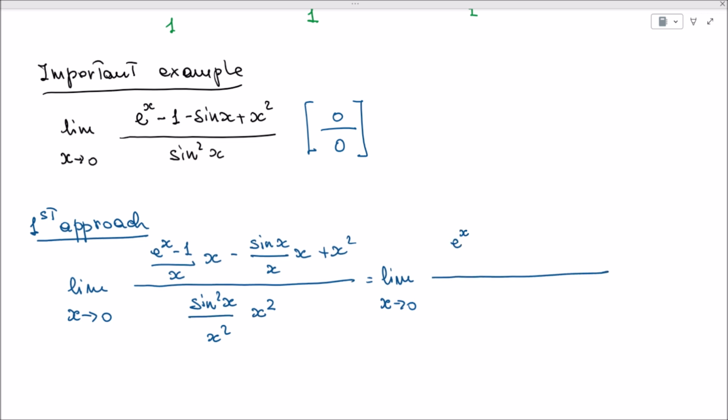so this becomes limit as x goes to 0 of e to the x minus 1 divided by x minus sine of x divided by x plus x, and then we have sine of x divided by x, all this to the square times x.